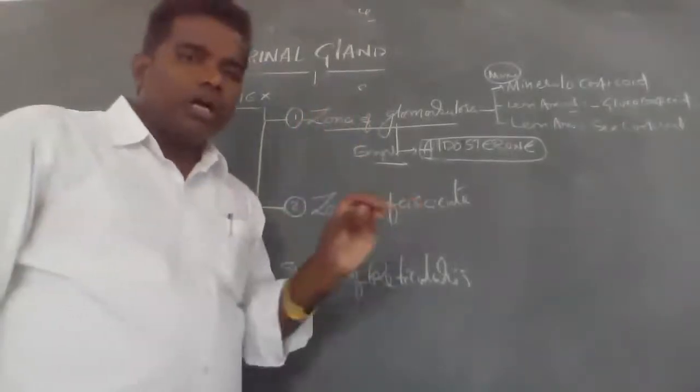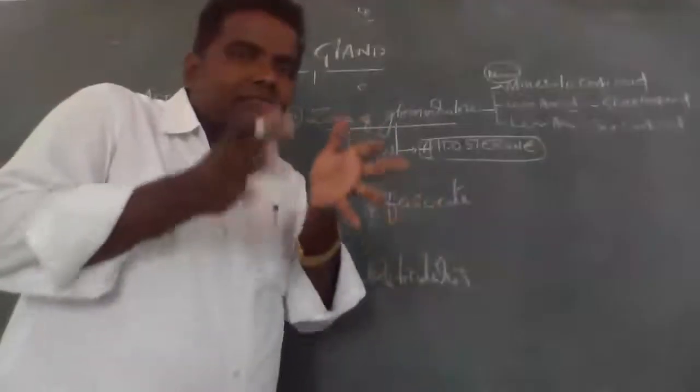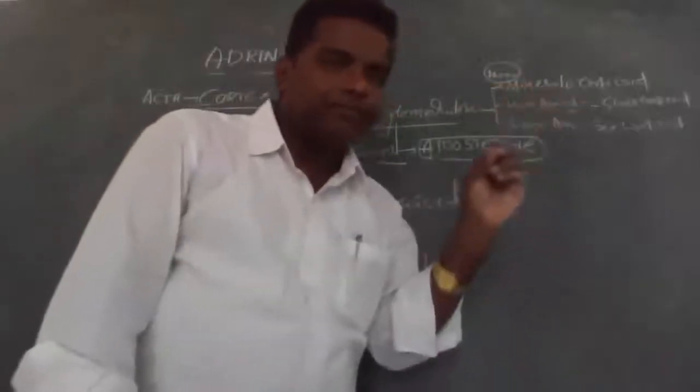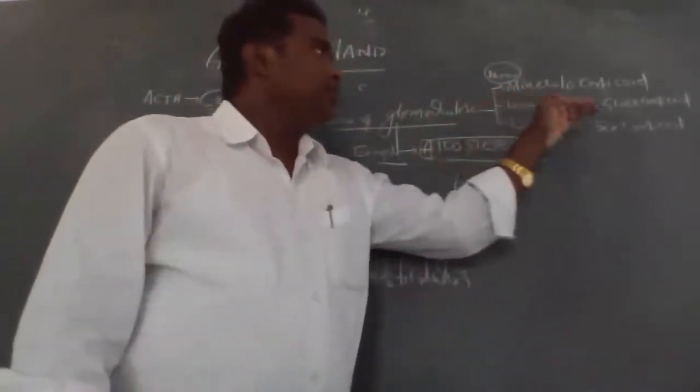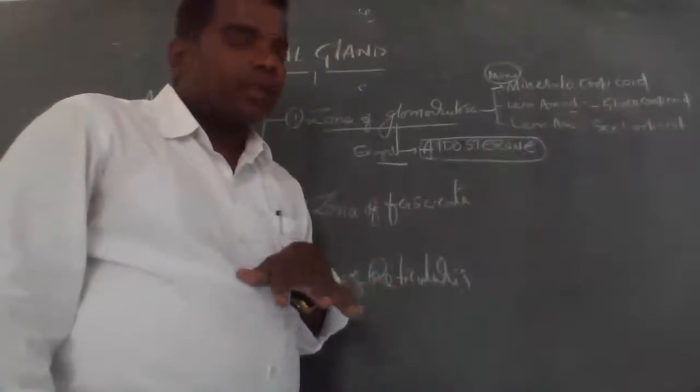Once again, the cortex region has three zones: the zona glomerulosa, the second one zona fasciculata, and the third one zona reticularis.